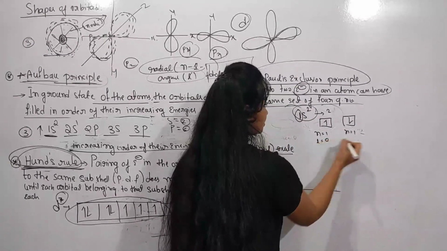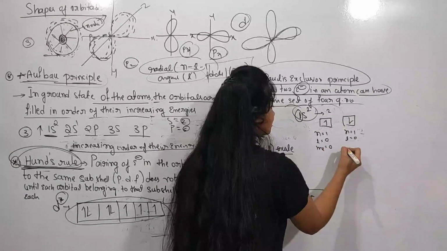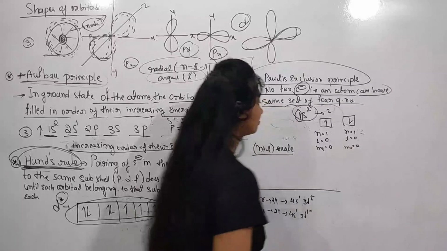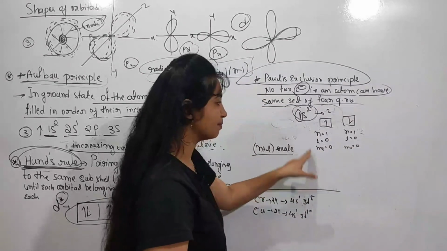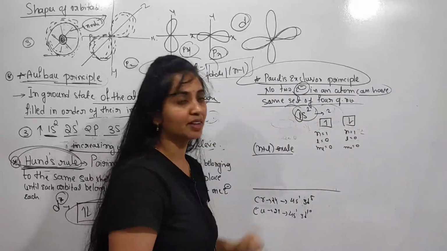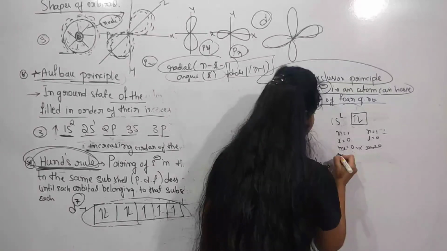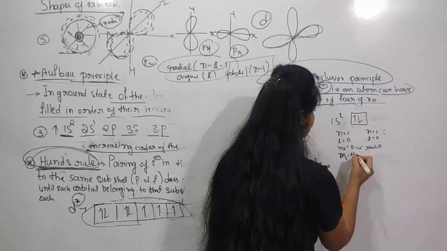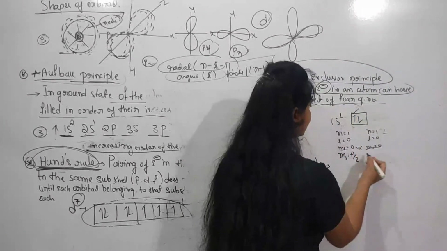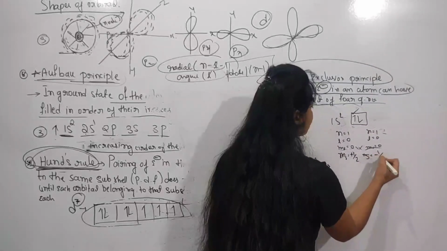The L value is 0, and the ML value is 0. The magnetic quantum number is the same, the azimuthal quantum number is the same, and the principal quantum number is the same. But what is the difference? Just the spin quantum number: Ms is plus half for this electron and minus half for this electron.